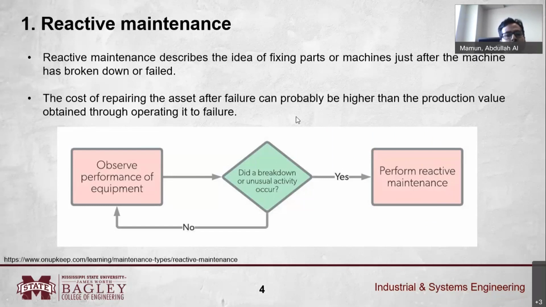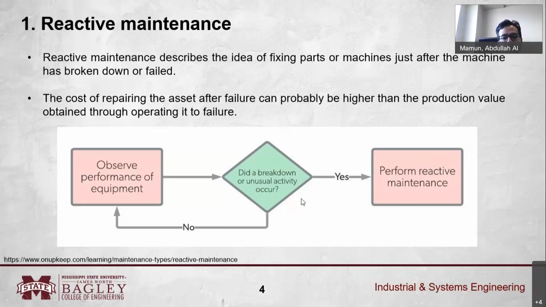The impact of reactive maintenance is much higher than any other kind of maintenance work, because if we think about a manufacturing plant and a machine fails during production, it creates problems for production and other associated activities. In the given figure, we can see the idea of reactive maintenance in the diamond shape of the chart.